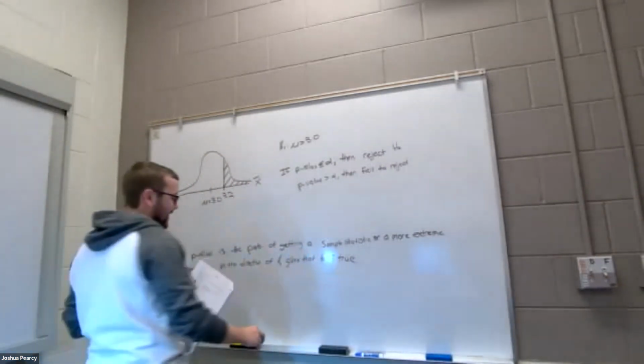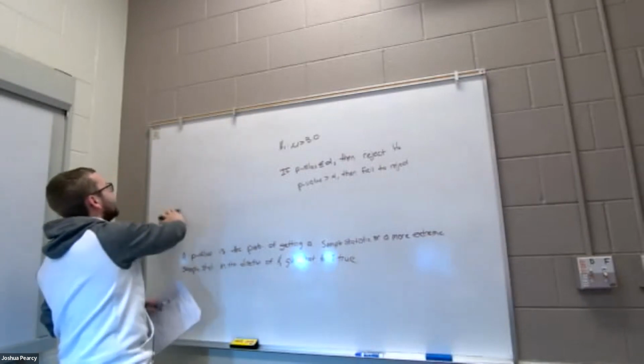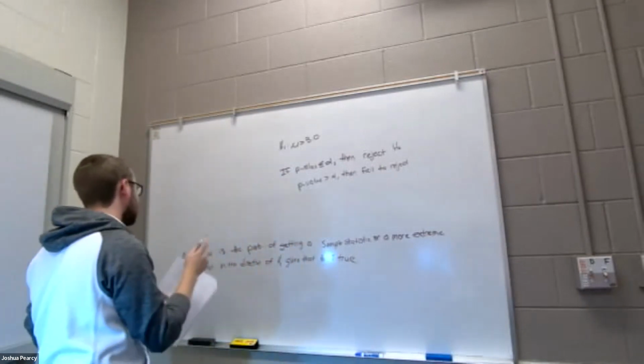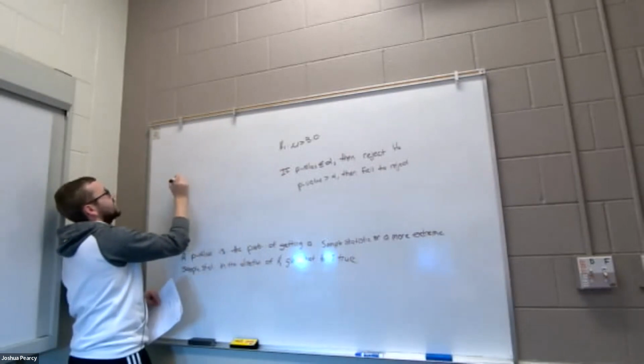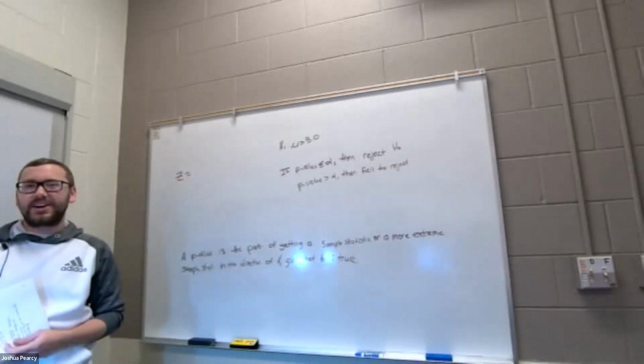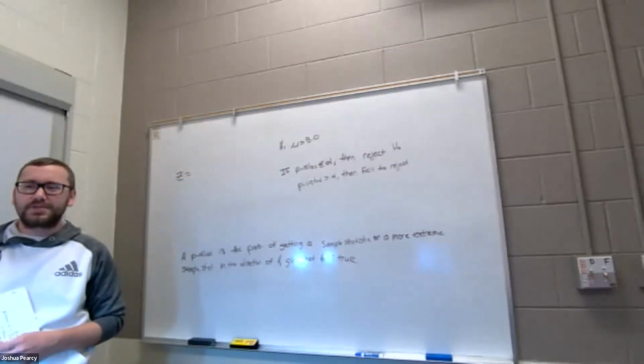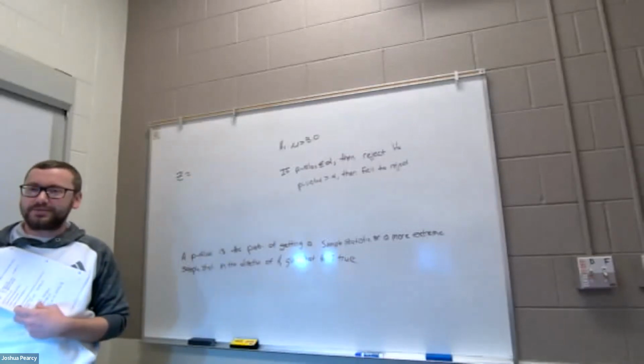And how will we define that test statistic? Remember, the general form of a test statistic we had was the observed value minus the hypothesized value divided by its corresponding standard error. In this case, we're doing a hypothesis test for mu. So what is the observed value?